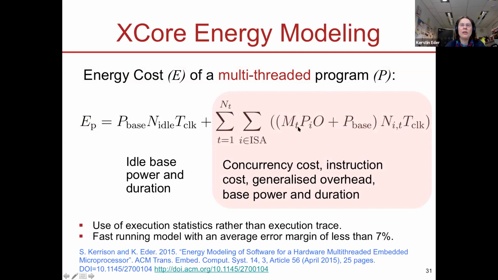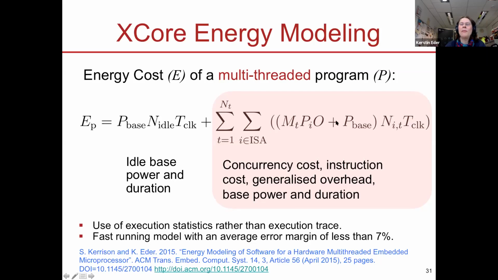We want to account for the power for each individual instruction, so that's the instruction cost. MT is the concurrency cost. And then it becomes really complicated with the overheads. It's almost impossible to characterize them for each pair of instructions, and we also realized they tend to be quite small. So we decided to just leave a generalized overhead that we add to all the instructions.